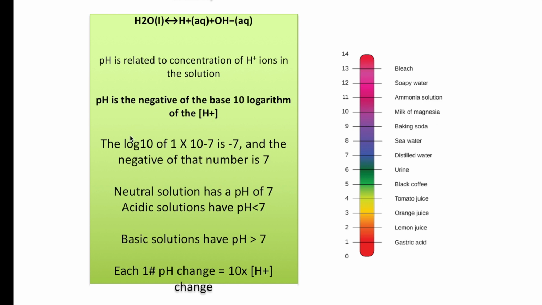So here's a pH scale, and it's a log base 10 scale. How you interpret that is, 10 to the minus 7 molar concentration of hydrogen ions is a pH of 7.